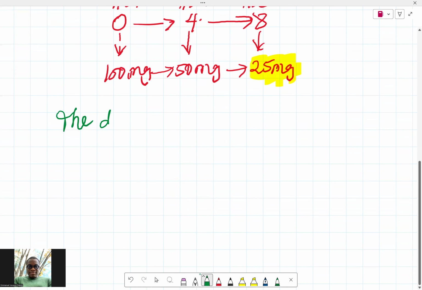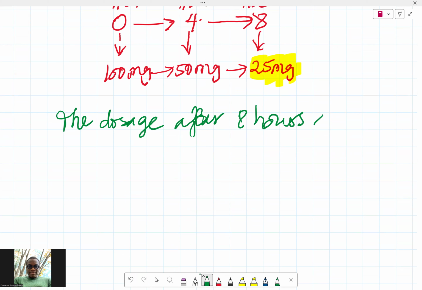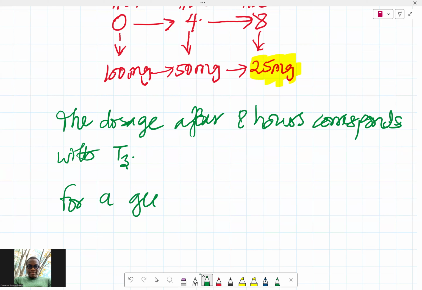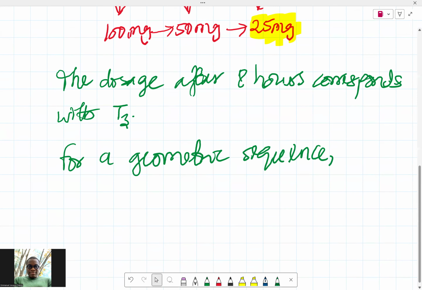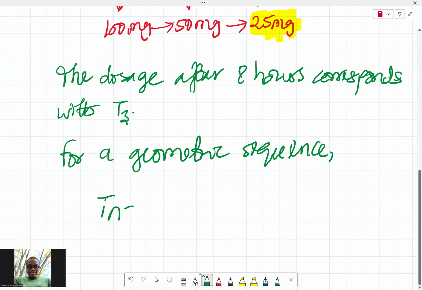The dosage after 8 hours corresponds with T3. So we need T3. For a geometric sequence, Tn normally is A R raised to power n minus 1.